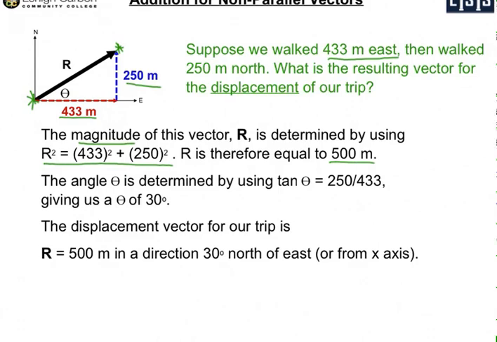To get the angle theta, which is right here, we're going to use trigonometry. We use this function here. The tangent of theta is y over x, or 250 over 433. And you'll see that that will give you an angle of 30 degrees. So the answer for the displacement vector for this trip, you would say this is the vector r, which is 500 meters in a direction 30 degrees north of east, or you can say 30 degrees from the x-axis.